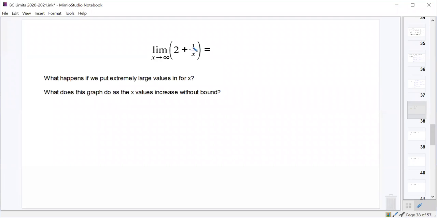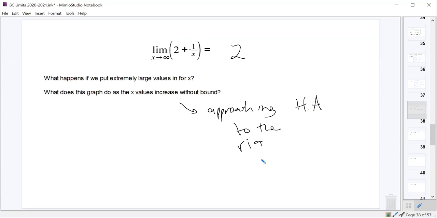2. Yeah, it becomes 2 plus something very, very close to 0. 1 over a very large number is basically 0. This is 2. And what does this graph do as the x values get larger and larger? It should be approaching a horizontal asymptote to the right.